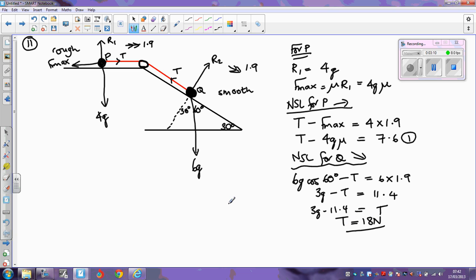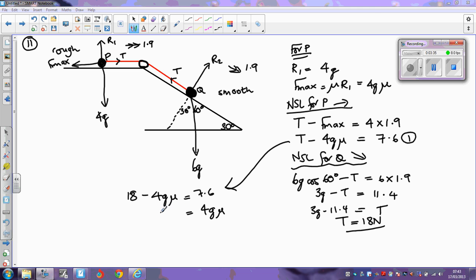Fine. If I now want to substitute back in to find mu, I'm going to put that value of T into equation 1, so I've now got 18 minus 4G mu equals 7.6. So 4G mu, if I move that to the right, must equal 18 minus 7.6, which is just 10.4.